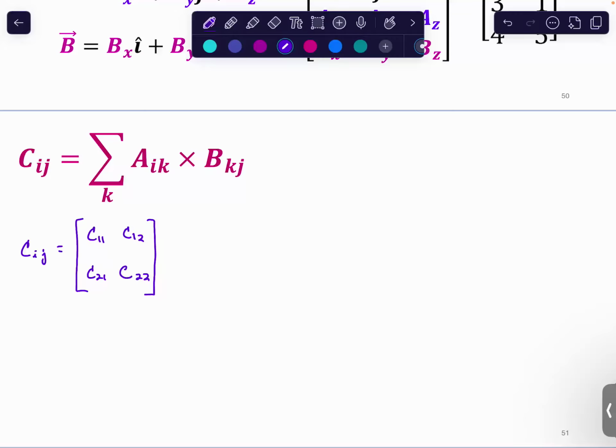Now, I think the best way to think about a multiplication is you take the row of your first one, multiply it by the column of your second one, and add them together. So let's do the multiplication.